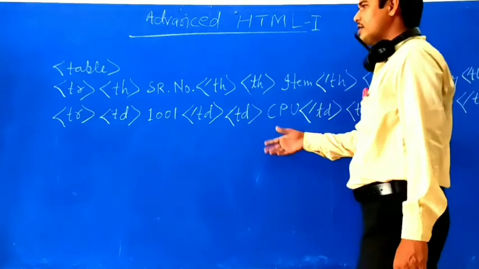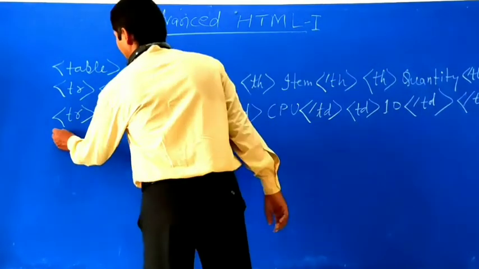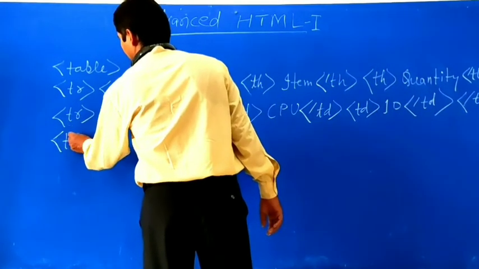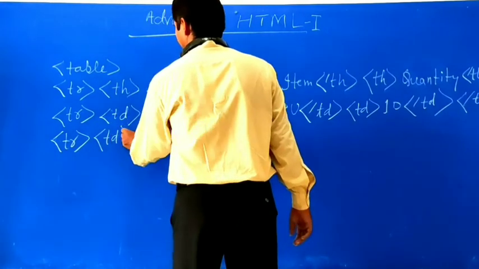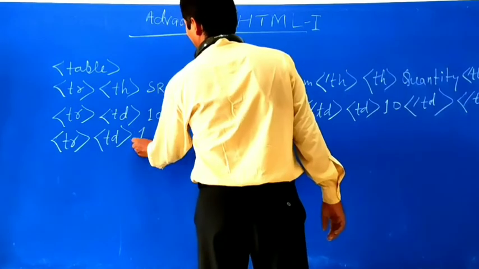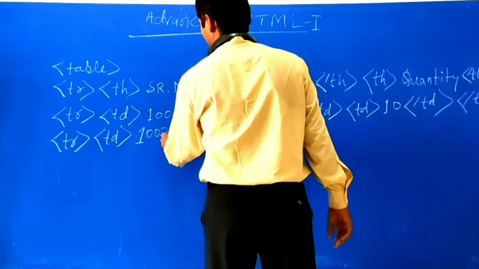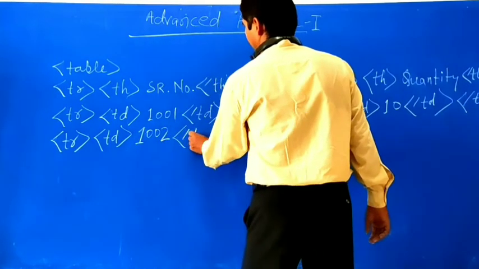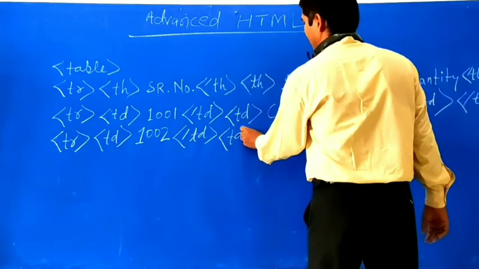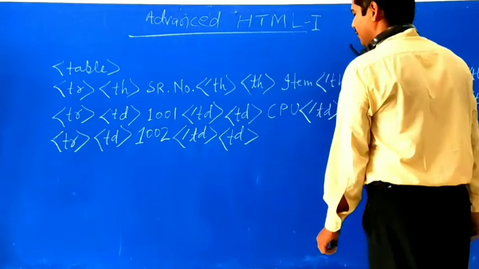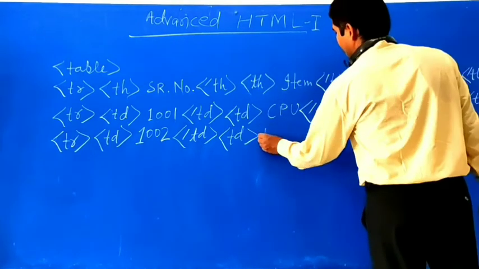Okay, in the same way we can enter another item. Item number 1002. TD will close. Again TD will open for item name. Item name is monitor.